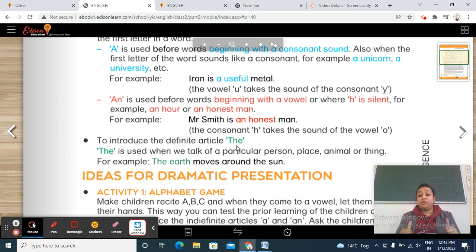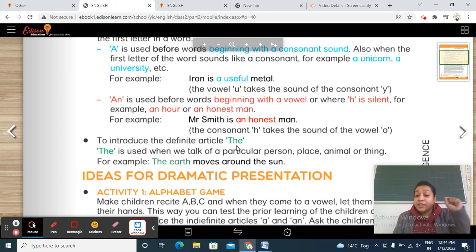Listen to me very carefully. Letter u goes with an also, u goes with a also. But when u is giving the sound of y, then it will go with a. A unicorn, a university, a uniform, a unity.